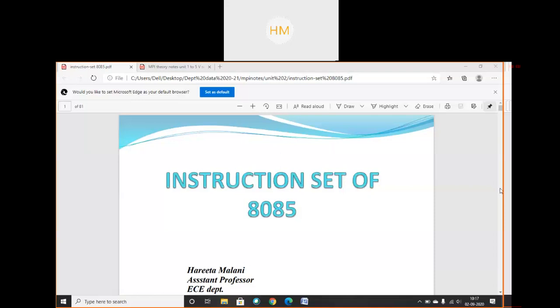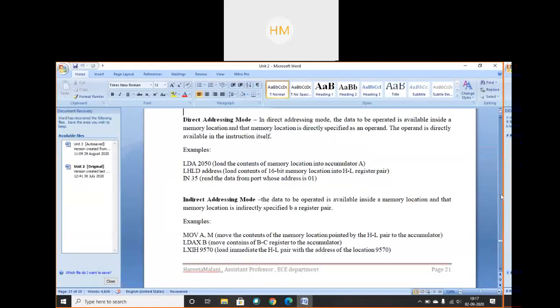So we will start with the class. We were discussing the addressing mode in the previous class. Any doubt you are having regarding addressing modes? Any query? So we have discussed direct addressing mode.